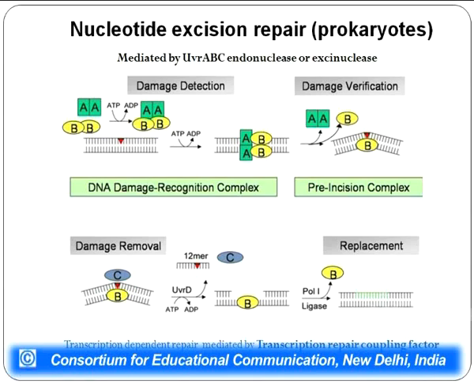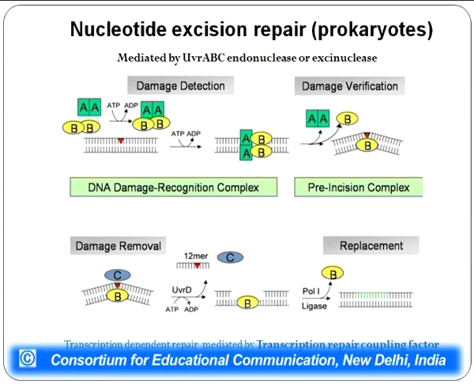UvrD is another protein, a type of helicase, which comes into action and unwinds the DNA. After the DNA has been unwound and the damaged stretch removed, DNA pol 1 fills in the gap and ligase seals the nick.